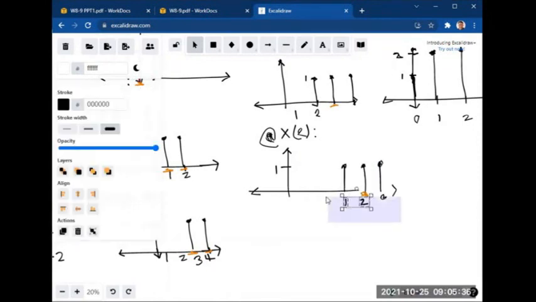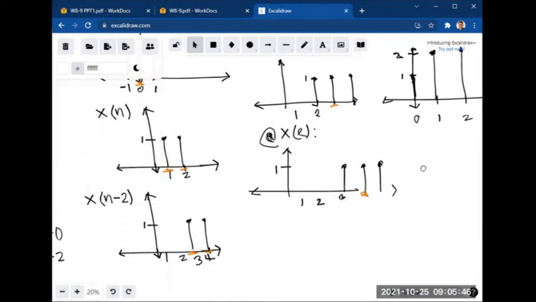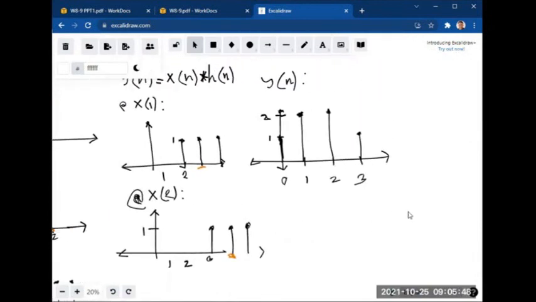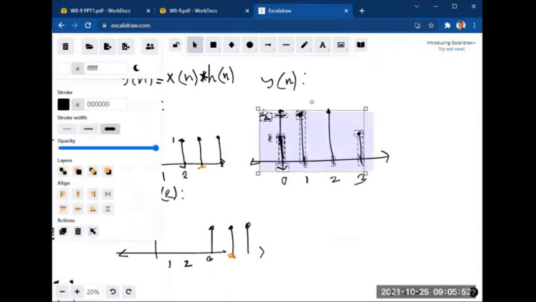So therefore, our output will also shift by 2 places because one of our signals has shifted.